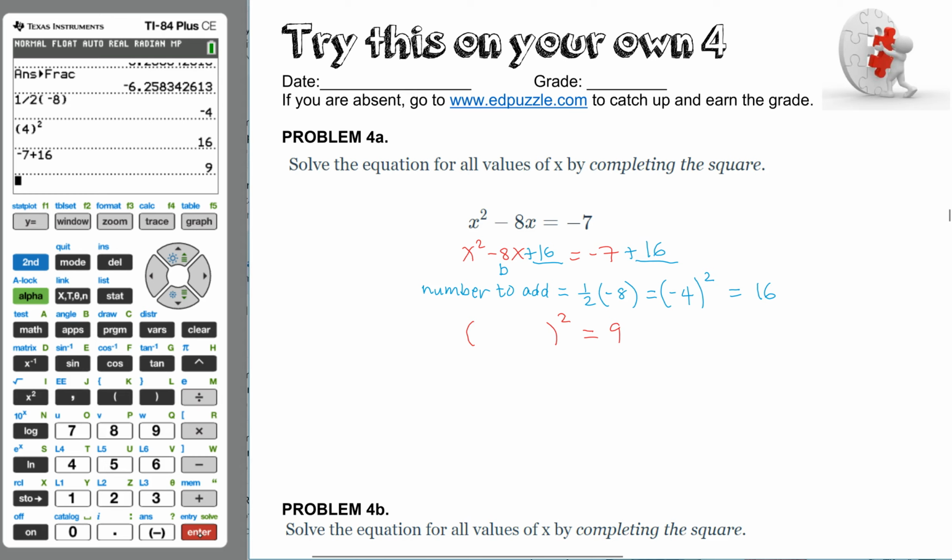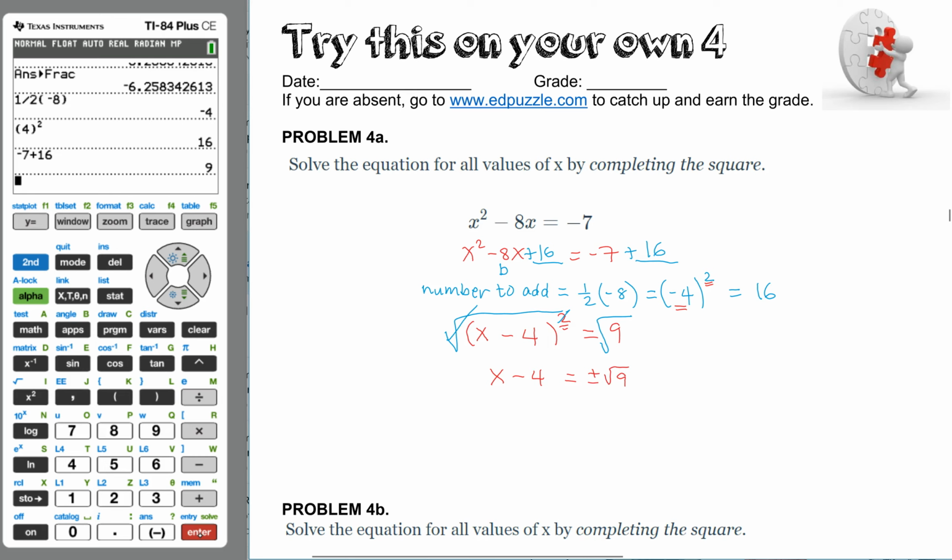And how to find the term here: just always x, and whatever you see inside the square, this is the number, so this would be minus 4. Then we simply get rid of the square by getting the square root on both sides. So this cancels out, and we have now x minus 4 equals plus minus square root of 9.